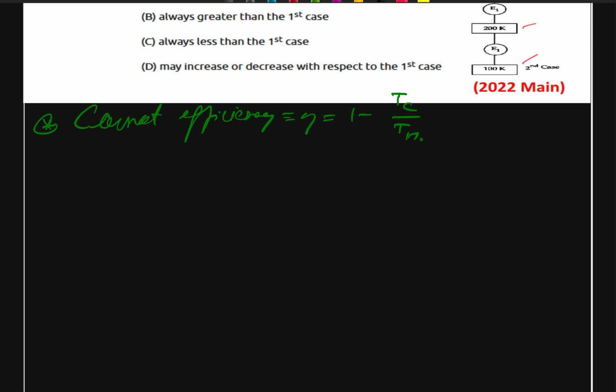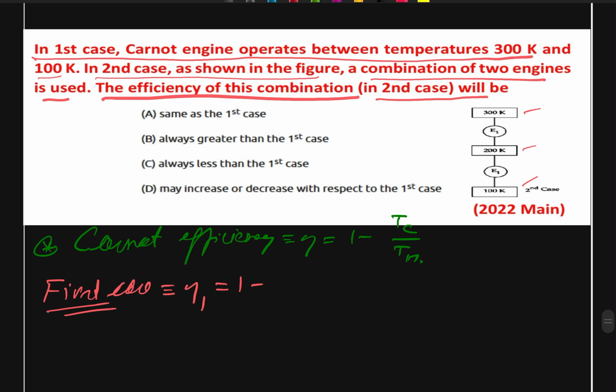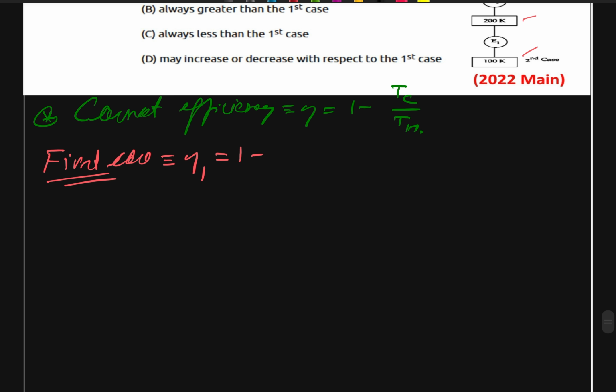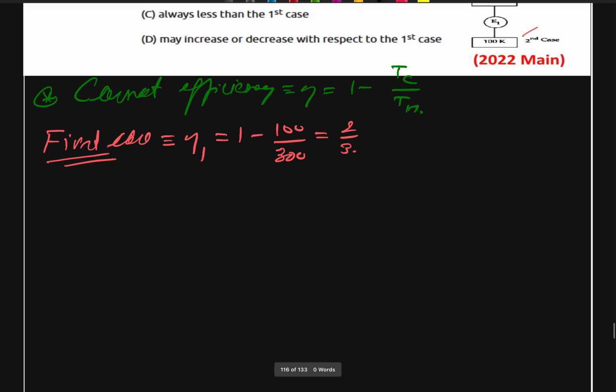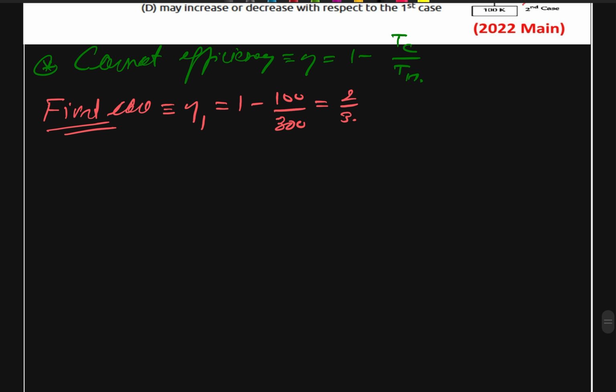So for our first case, let us call this nu1, it is equal to 1 minus, it operates between 300 and 100, so this comes as 100 upon 300, which gives us 2 by 3. And we have a second case.